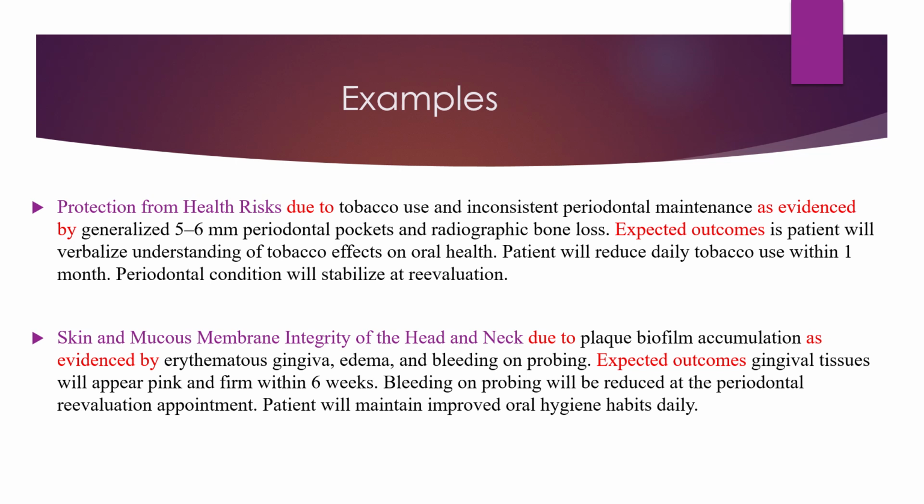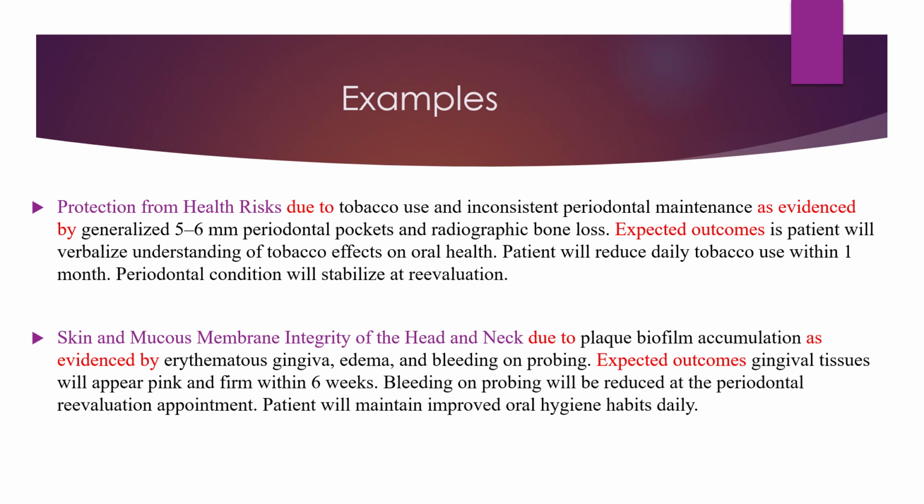So this patient comes in and I'm seeing some generalized 5 to 6 millimeter pockets and some radiographic bone loss. Okay, so those are my signs and my symptoms, right? Now I have to figure out why. Well, for me, it's because the patient stated that they use tobacco and they just have not been consistent with their periodontal maintenance.